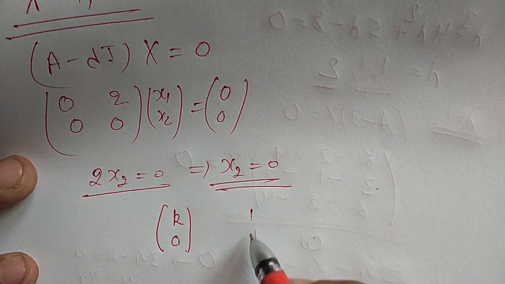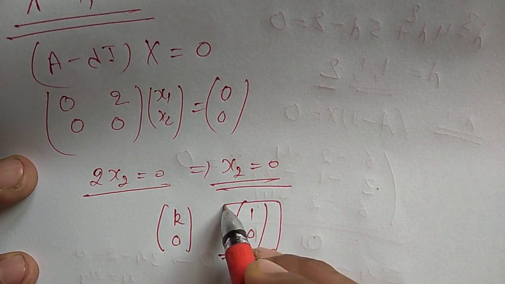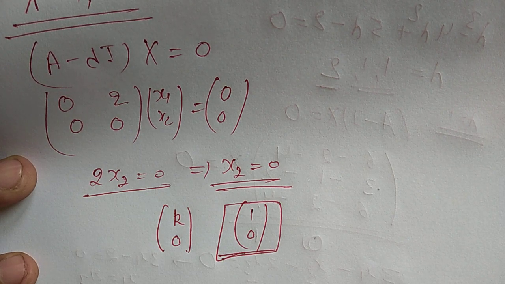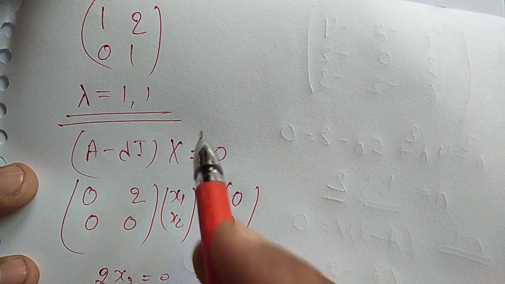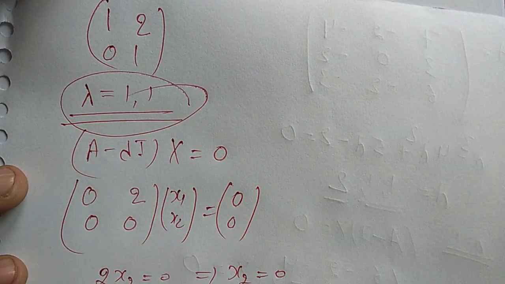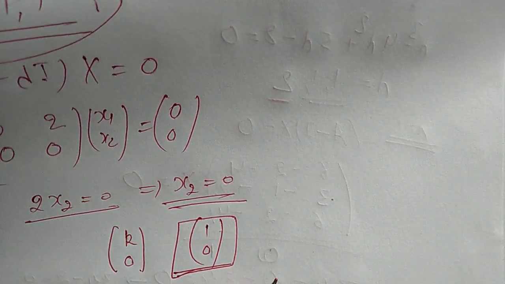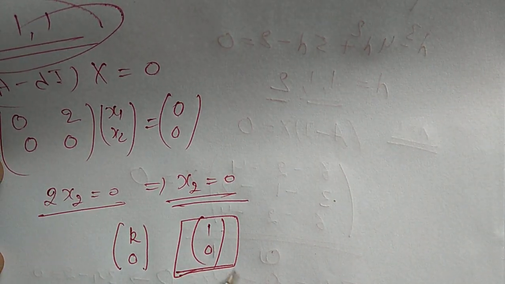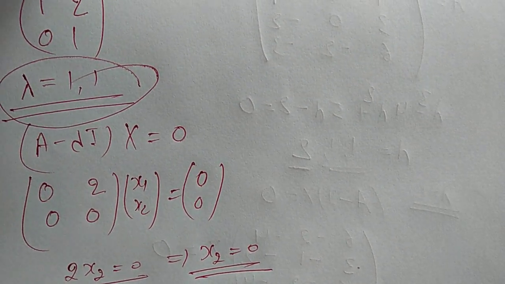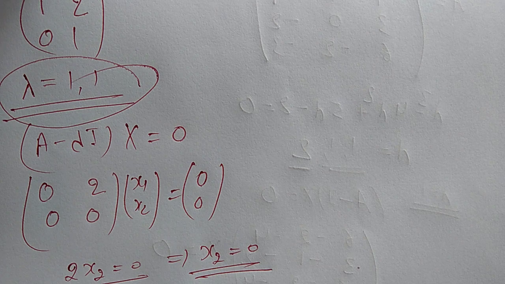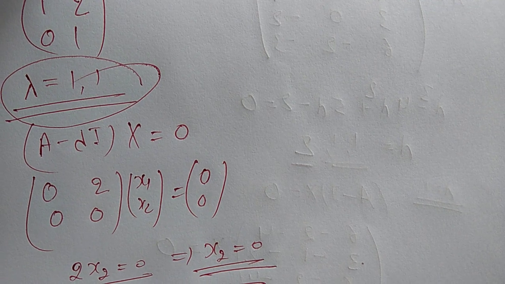If k equal to 1, it means [1, 0]. So there is only one eigenvector for the repeated root lambda equal to 1. If you write a second eigenvector, it will be dependent on this eigenvector. So in the case of repeated roots, we may or may not have independent eigenvectors.